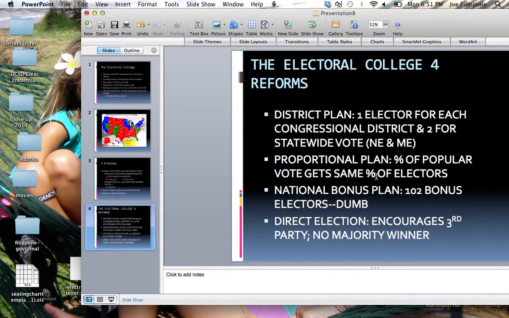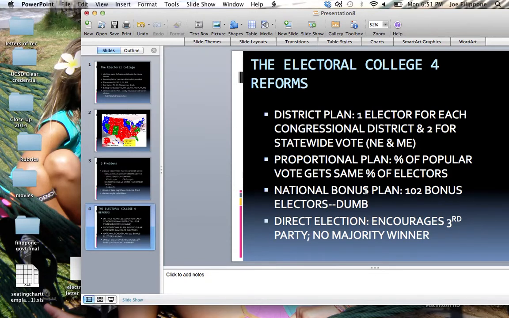And the problem with that is that you're going to have a plurality. Okay, and you don't really want a president to go into the presidency, a new president, with a plurality of the votes, which means he got the most votes, but not over 50%.